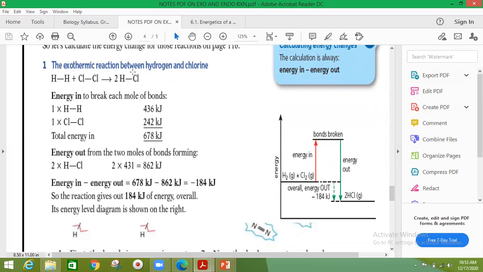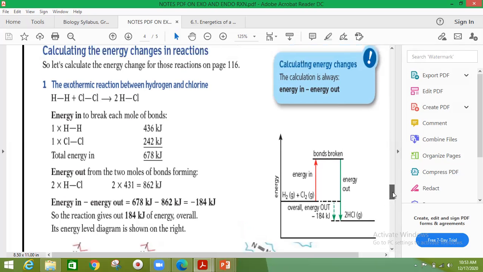In the reactants, bonds will break, so we need the energy to break each bond. H and H: if nothing is written before it, it means one, so they multiply by 1. How many bonds between H and H? One bond here. So the amount of energy is 436.